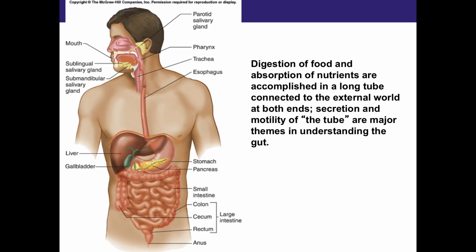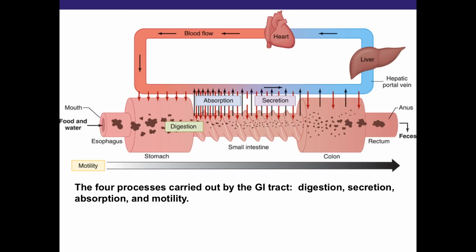So we're talking about motility, digestion, absorption, and secretion. Those are the four major processes: digestion, secretion, absorption, and motility in the gut.